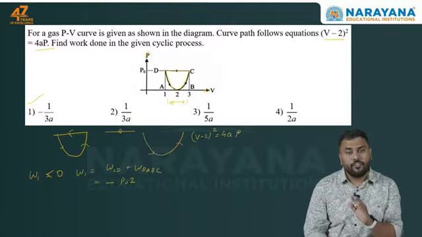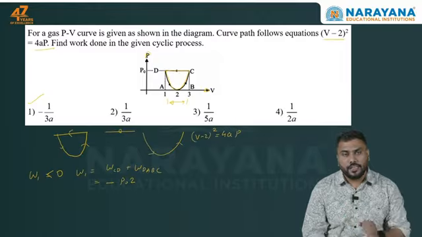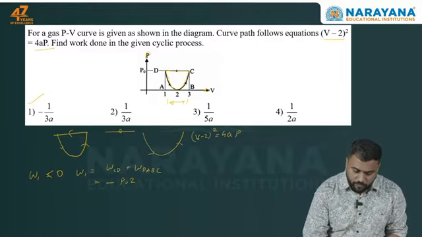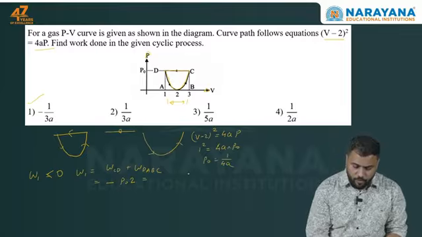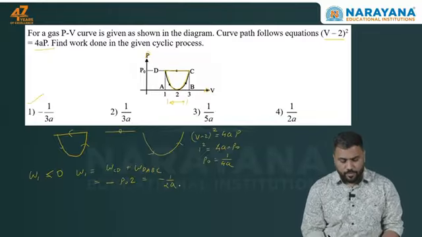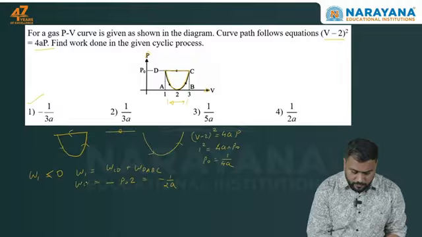The pressure when the volume is 1 or 3 is given by P naught. So if I just put the volume as 1 or 3, I will get 1 square, which is nothing but 1, is equal to 4A into P naught. So P naught is nothing but 1 upon 4A. So the value of P naught is also known to me. So if I substitute this here, this is minus 1 by 2A. This is not the complete work done. This is the work done from CD.